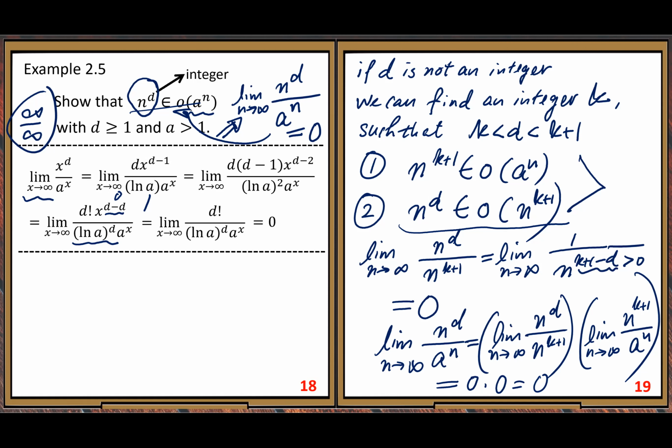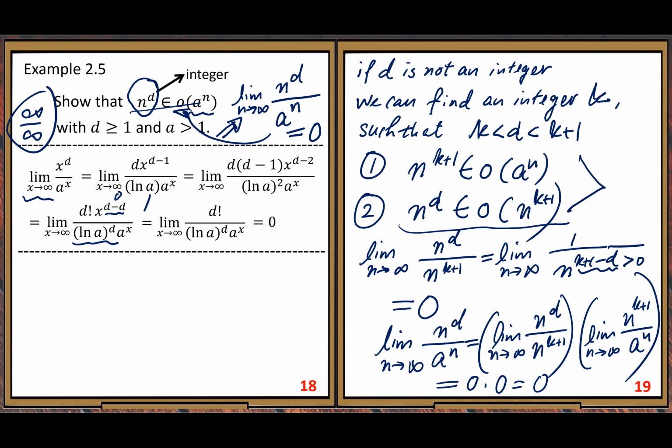So when d is not an integer, we can use our integer result, and we prove it. But this time we do not need to apply L'Hopital's rule. Although we can, if you like, we won't have a factorial, right?